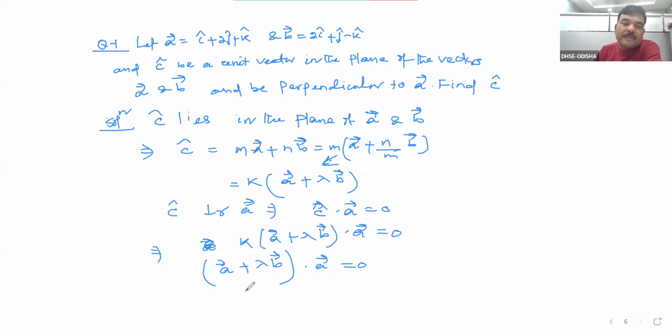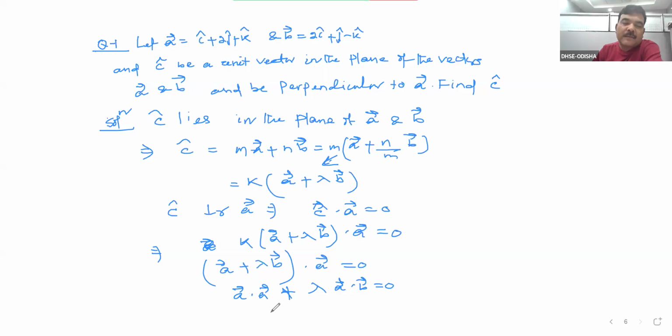I've told you dot product is distributive over vector addition. So it will be A dot A plus lambda times A dot B is equal to 0. From this equation, we will get the value of lambda.